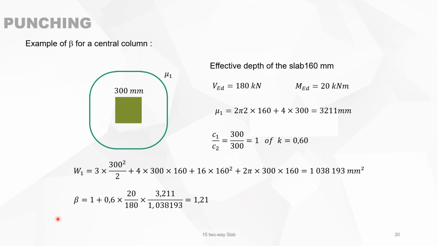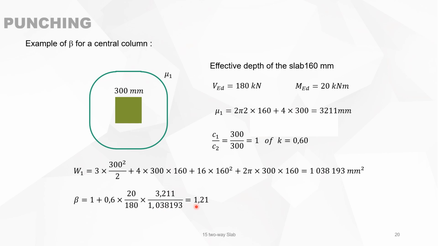And the factor beta is then 1 plus the k value, 0.6, times the bending moment divided by the reaction force, which is the eccentricity, times u1, the length of the critical circumference, divided by W1.